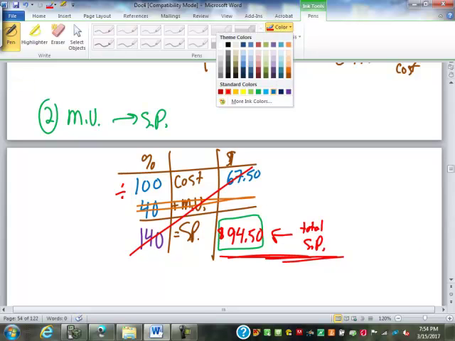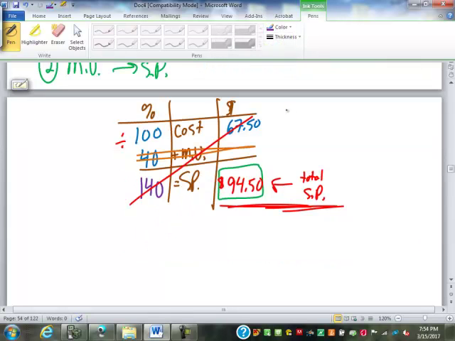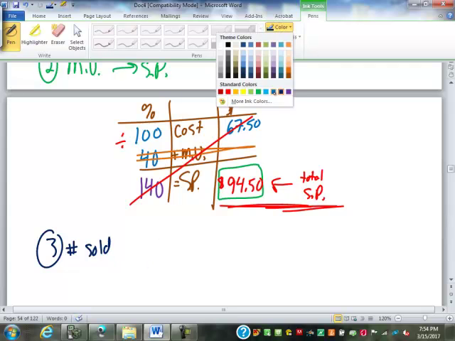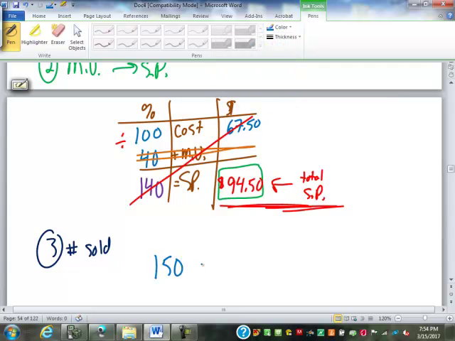What's our next step? Number sold. So we have 150 loaves. What percent spoils? 20%. So the percent sold is 80%, so 0.8. That's 120 loaves sold.